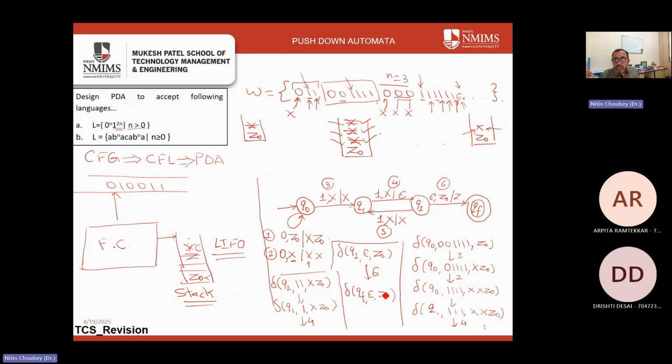No transition is shown from QF, which means we are halting here, and since this is a final state, the given input was as per the description. So input got accepted. Is this clear? So this is the way in which a push down automata can be constructed.